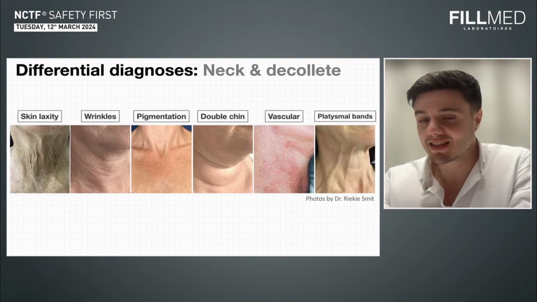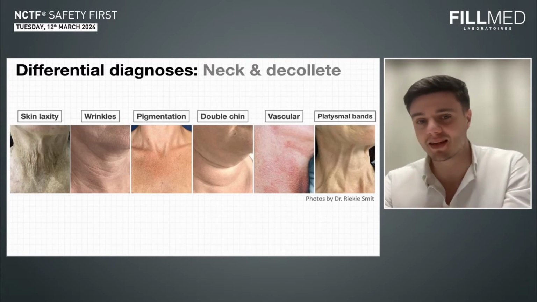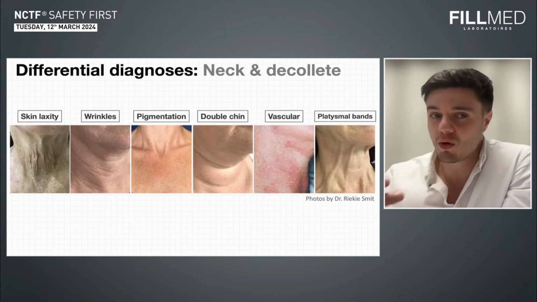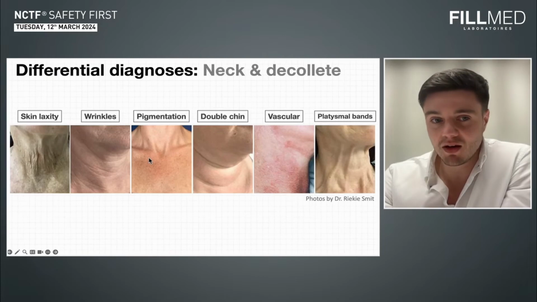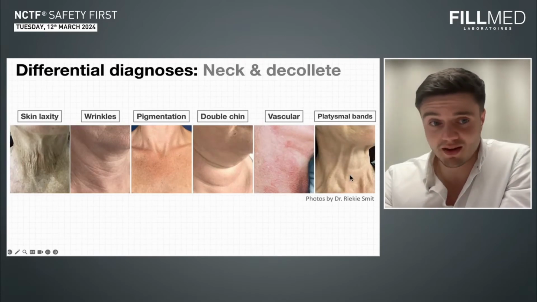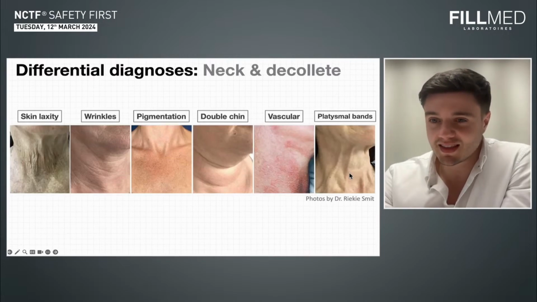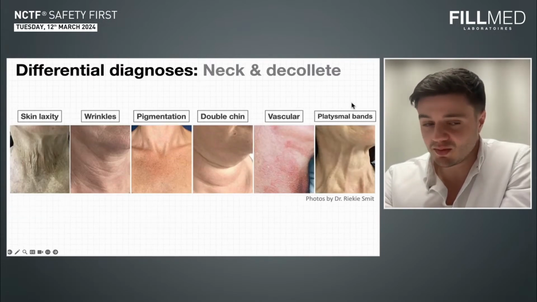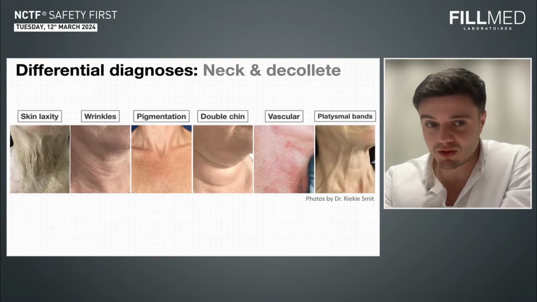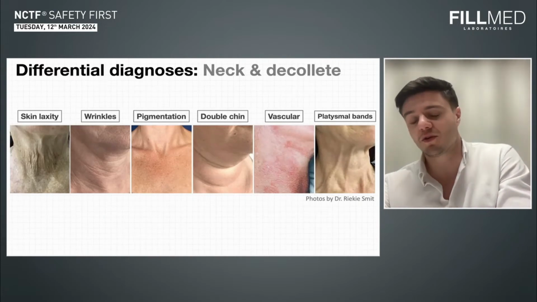And this is also why understanding anatomy and facial biomechanics and what is actually happening with the face as we age is so important, because when you take a look at the most left image and the most right image, you will see that skin laxity and platysmal bands actually look quite similar, and they can easily be confused with each other if you don't have any experience.